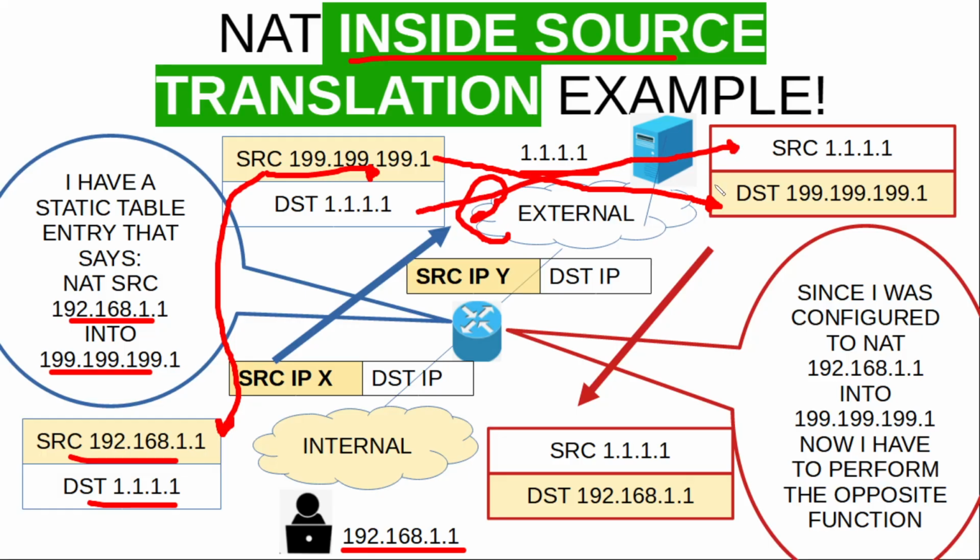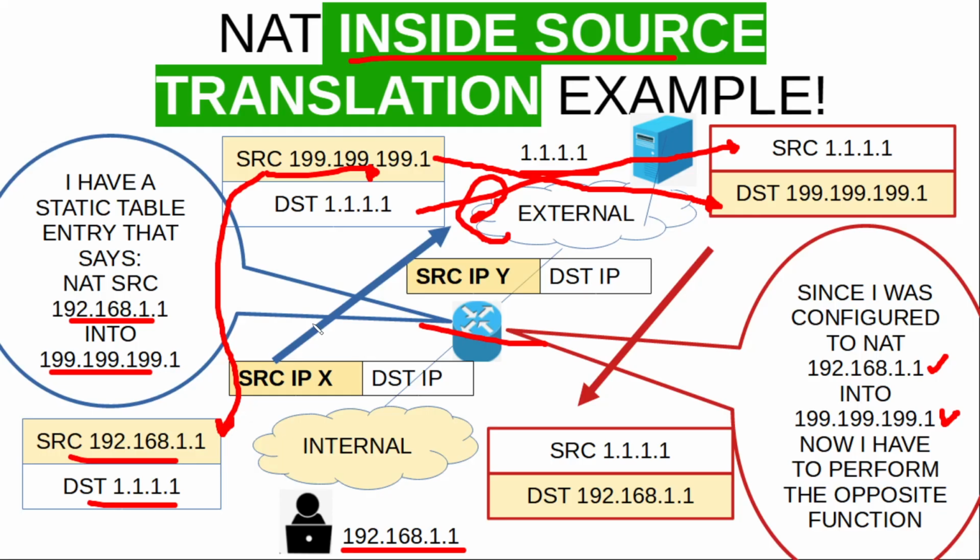So this is a response packet. When this response packet reaches the same router, this router will notice that it was configured to NAT this private IP address into this public IP address. So it is noticing that it is receiving a response packet, so it has to perform the opposite function.